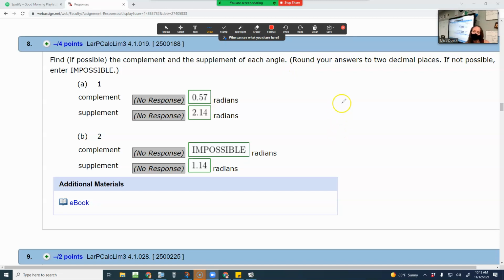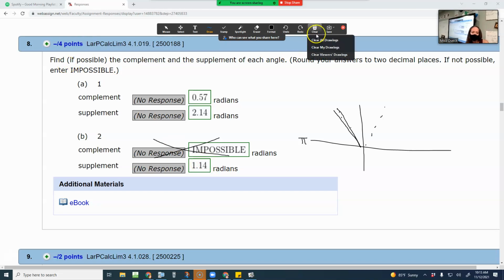There we go. To have a complement, it needs to be something less than, because I need to add up to it. And that was something we talked about last time. Remember that 2 radians takes these radii and wraps it around twice, which would put you in the second quadrant. So it's too big to have a complement because it's past 90. But it is small enough to have a supplement if I just do pi minus, and that would get you your decimal. Yeah. Michelle?